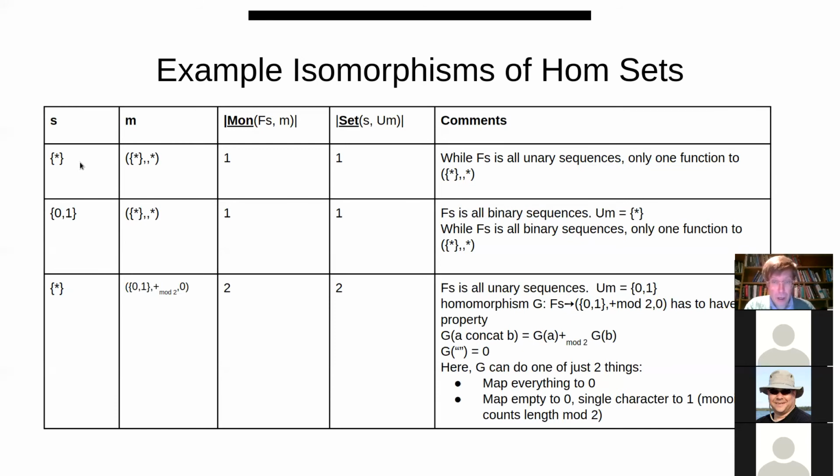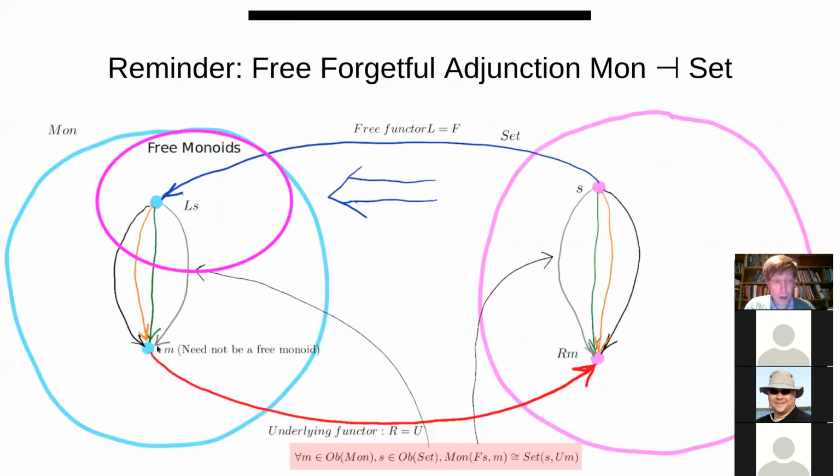And for those unary sequences, we're going to need to have a homomorphism between that and this monoid M, which happens to have a single possible element in it too.